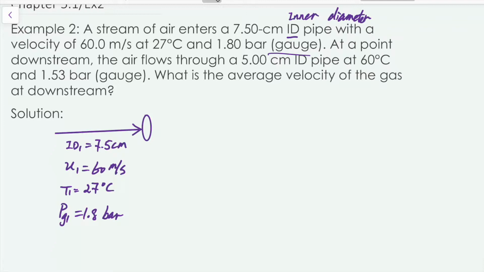Okay, at the point downstream, the airflow goes to a 5 centimeter pipe at 60 degrees. So in the downstream, the pipe goes down to 5 centimeter in the ID.